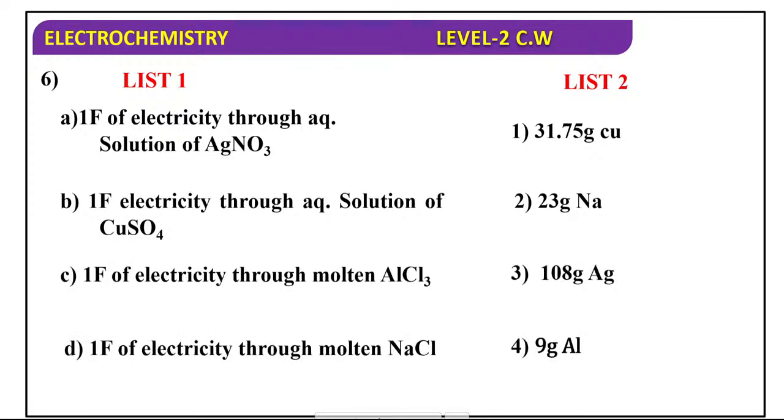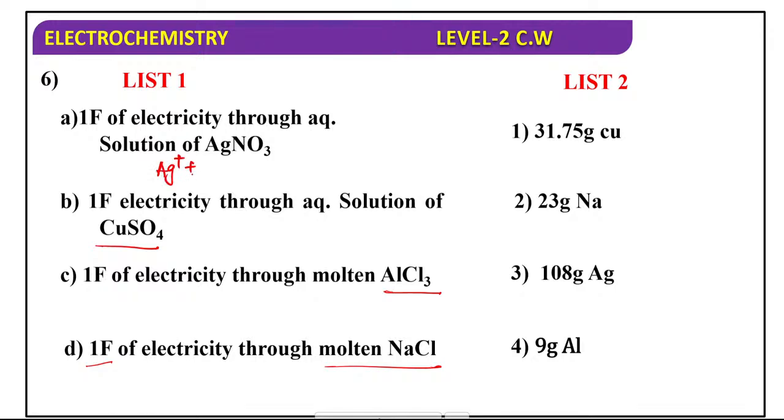Okay, so these are list 1 and list 2. 1 Faraday of electricity through aqueous solution of silver nitrate, 1 Faraday through aqueous solution of copper sulfate, 1 Faraday through molten AlCl3, and 1 Faraday through molten NaCl. So see the reactions.